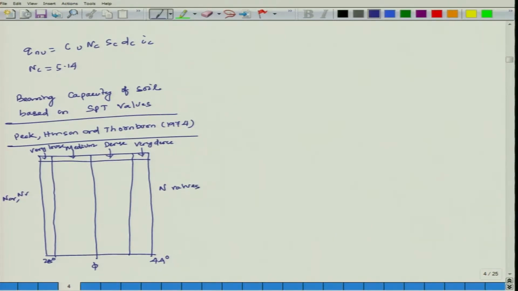They have given these values starting from 0 up to N equal to 60. This kind of graphs they have given.